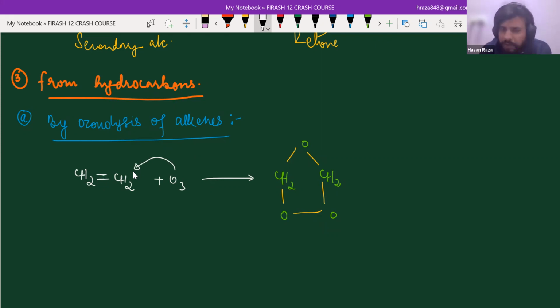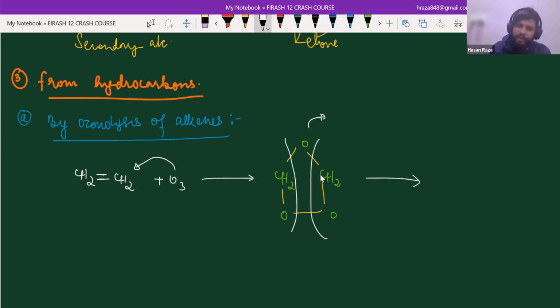I'm just explaining how the reaction will take place and what the product will be. So make a home and then break the home, just break this and this. In the second step, you react this with zinc dust and H2O.